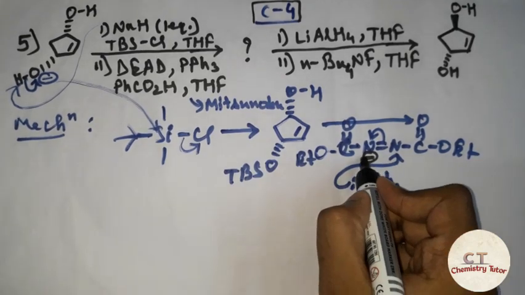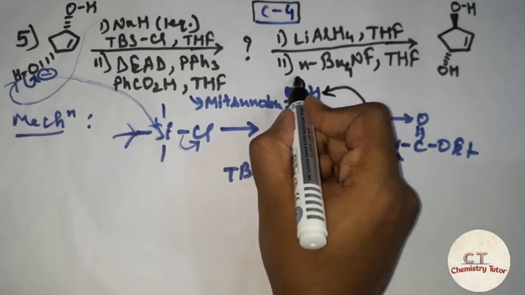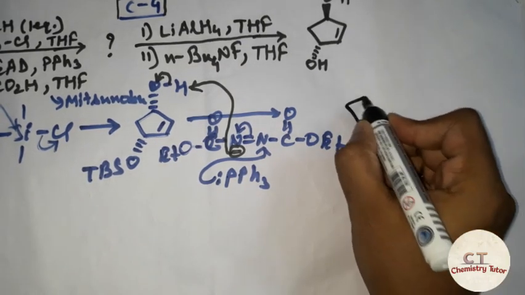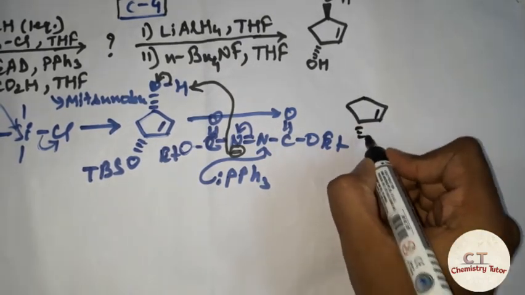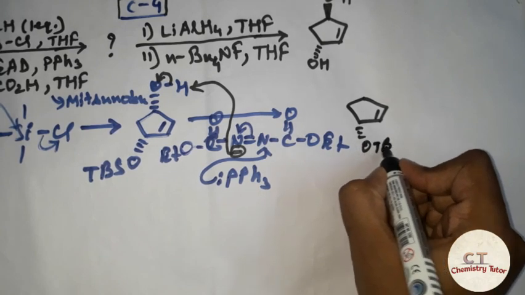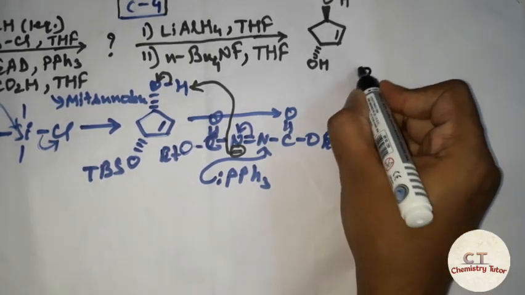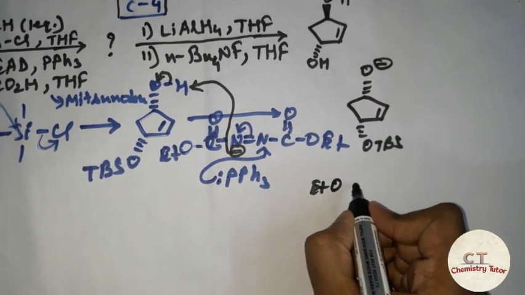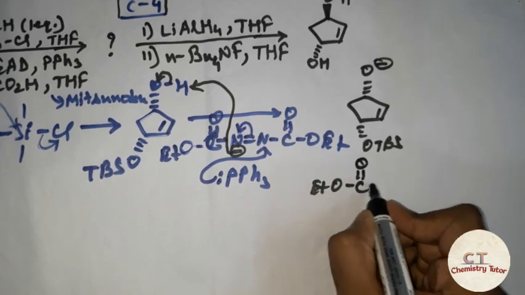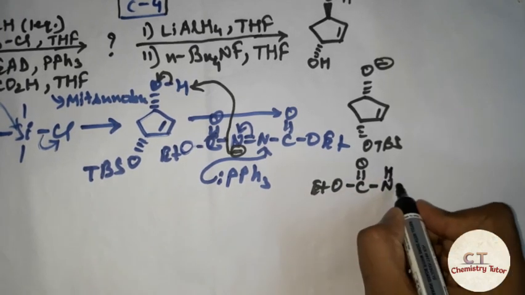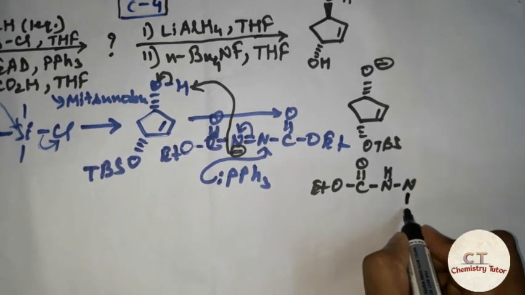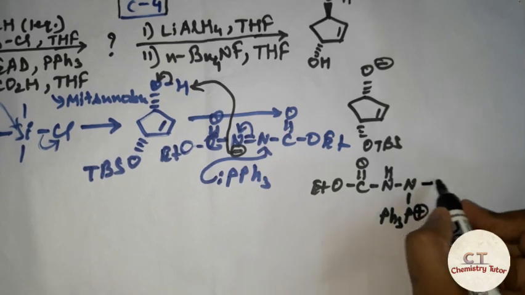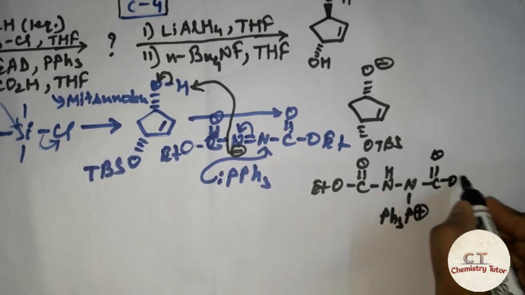Then this negative charge is going to abstract this proton, and the oxygen becomes O minus, and we get OTBS and here O minus, and this will form EtO C double bond O, NH single bond, and PPh3 with a positive charge, and C double bond O OEt.